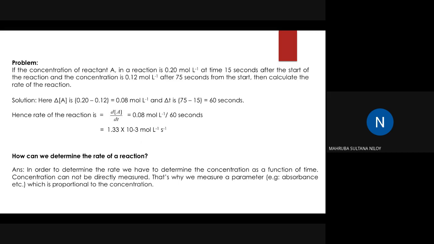Okay, so how can we determine the rate of a reaction? If we know the concentration of the reactant or product with change of time, right? Isn't it? Yes, sir.